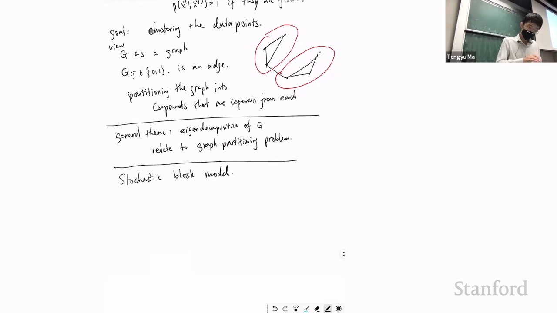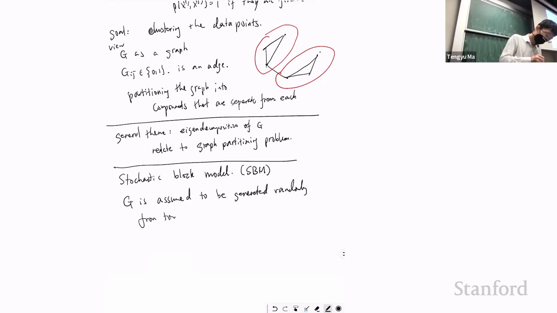So G is assumed to be generated randomly from two hidden communities or groups. Sometimes it could be more, but I'm doing only two.